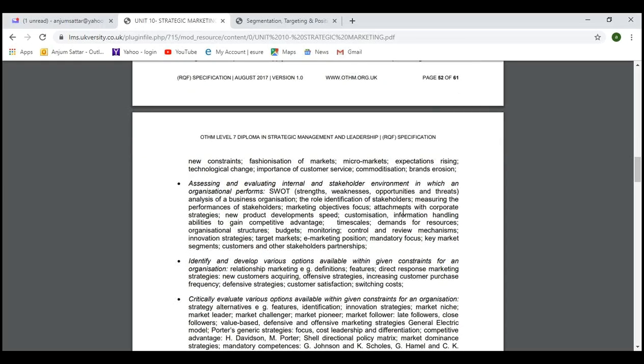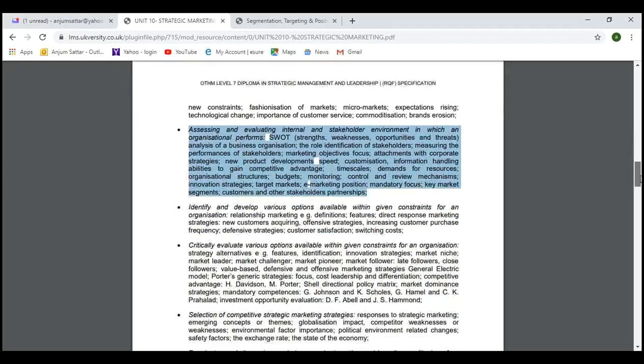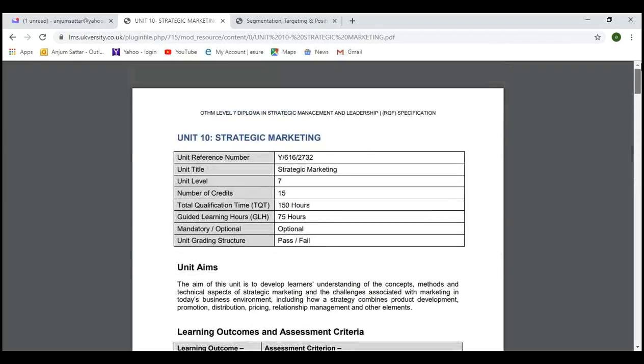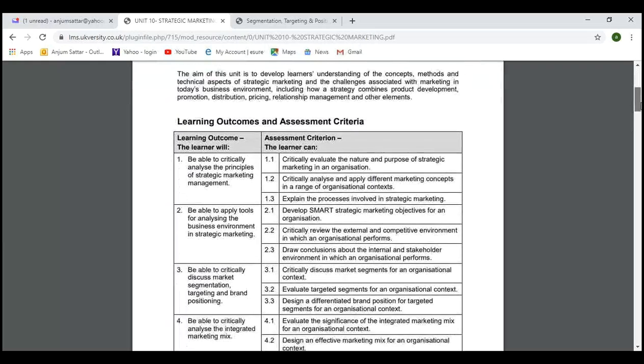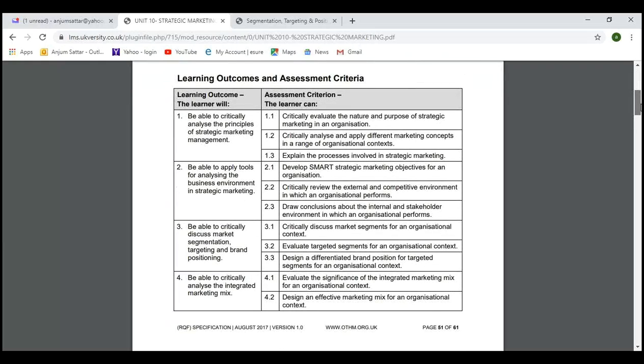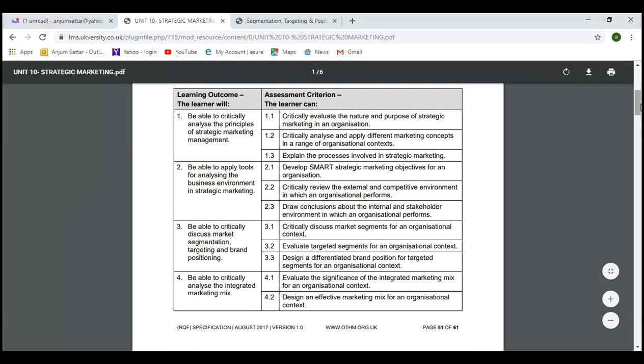We discussed the internal and external environment, with the S and W being internal and the O and T external. We discussed stakeholders, stakeholder expectations, and the power of stakeholders. Those are the things we discussed in the previous lesson, lesson 2, and now we are moving to lesson 3.